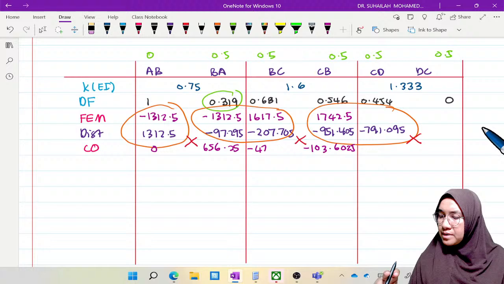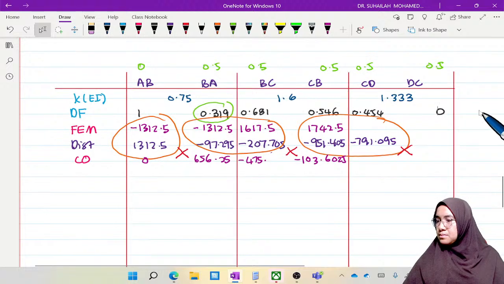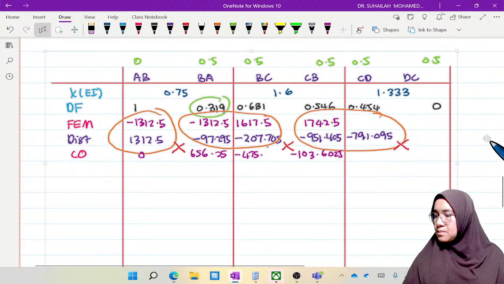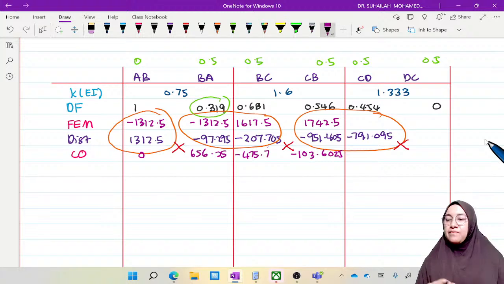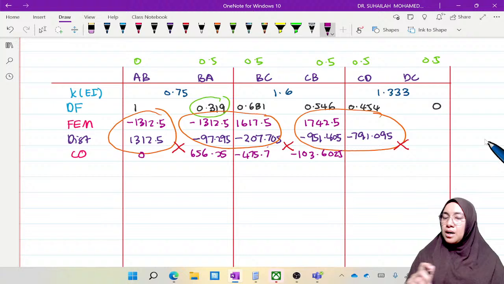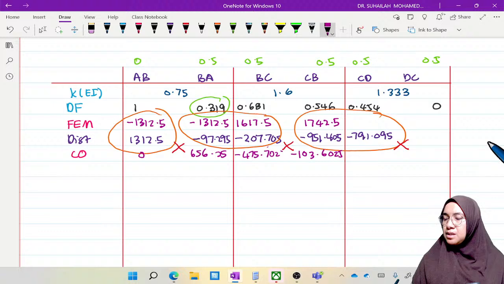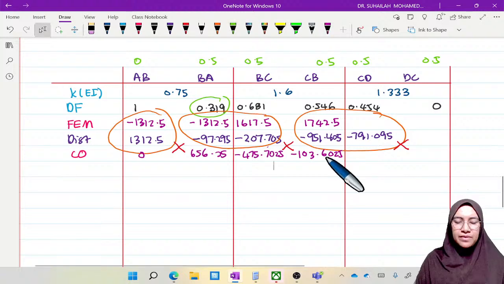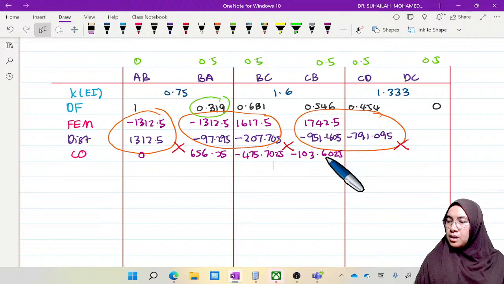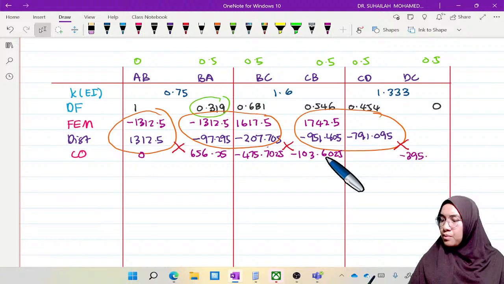475.7025, there are 4 decimal places. And then we have 791.095, the last value here. 791.095 divided by 2, times 0.5, is negative 395.5475.